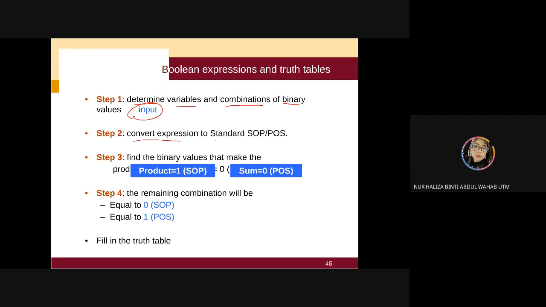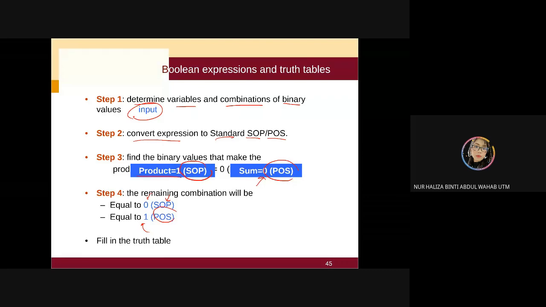Convert to standard, whether it is SOP or POS. For SOP, your product will be 1. For your POS, it's going to be 0. And the remainder: if you are having SOP, the remainder will be 0. For POS, the remainder will be 1.